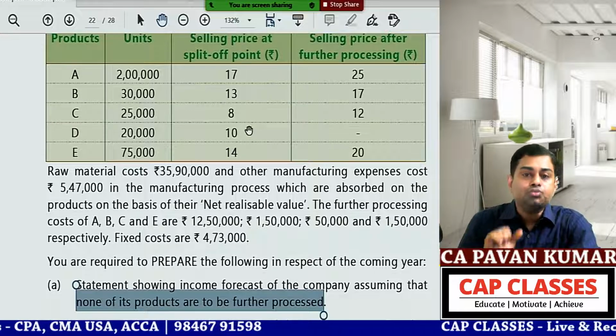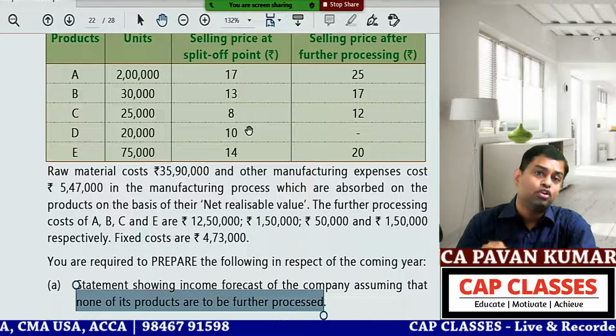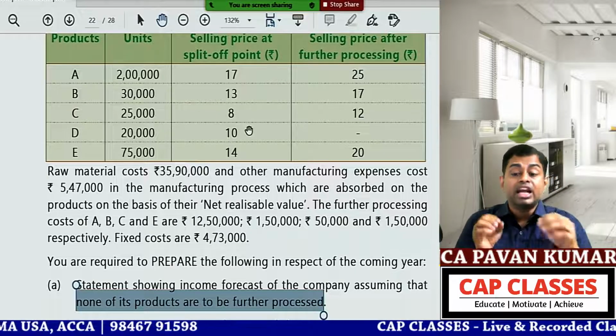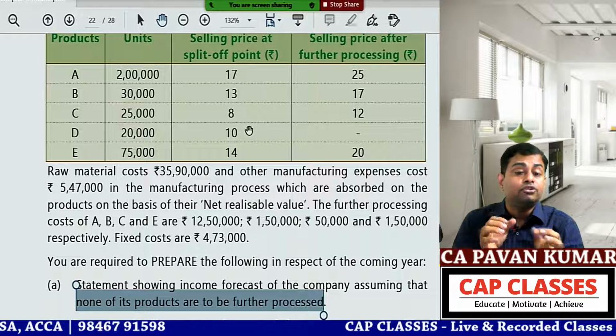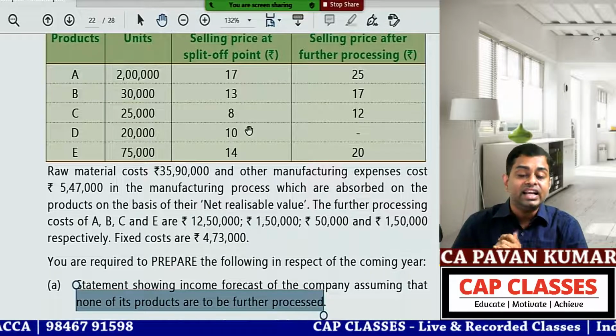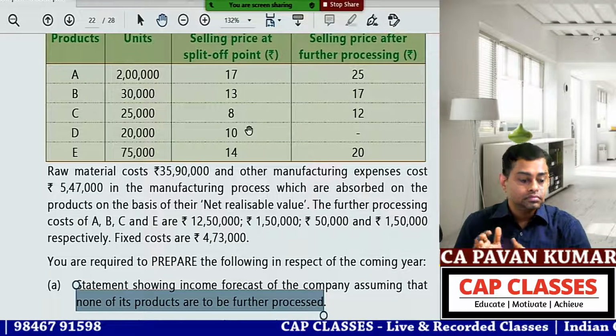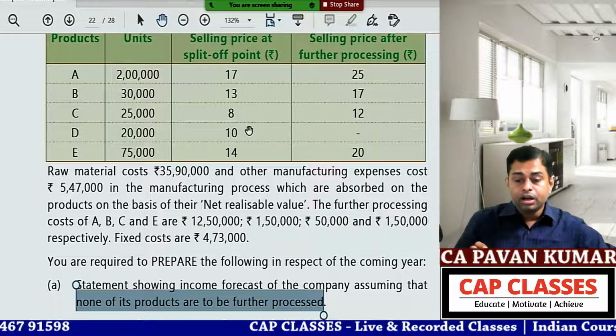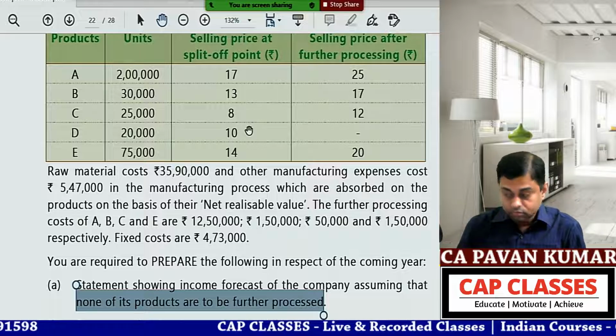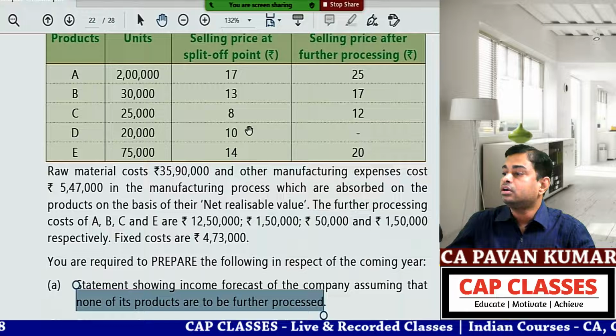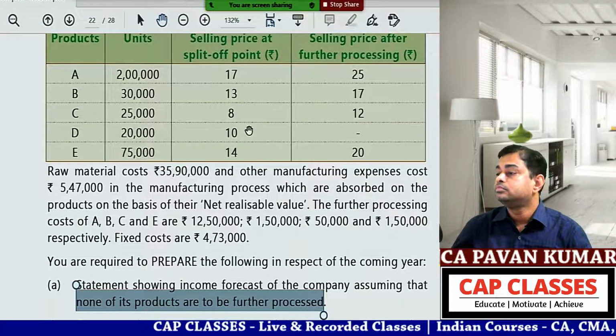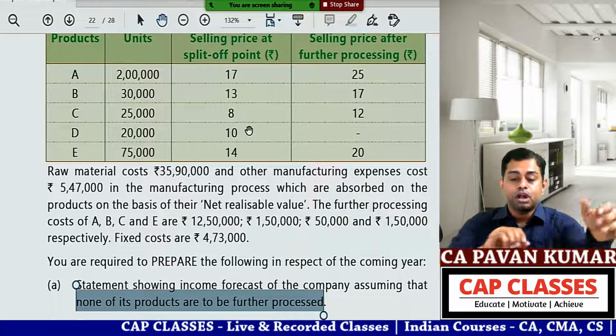So first what we do is we'll prepare one working note. What is the working note? Statement showing apportionment of joint cost to A, B, C, D and E. So put the heading problem number 2. Problem number 2.